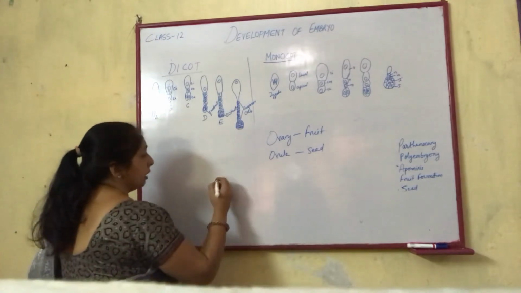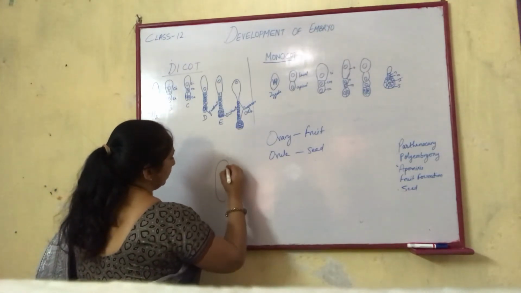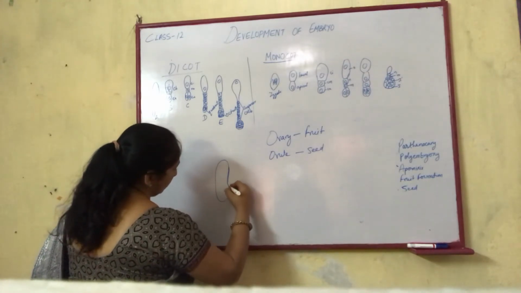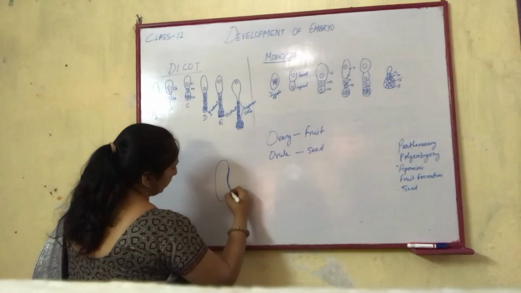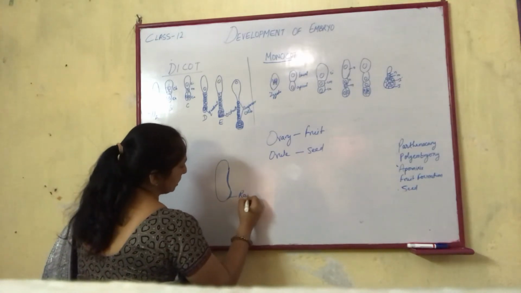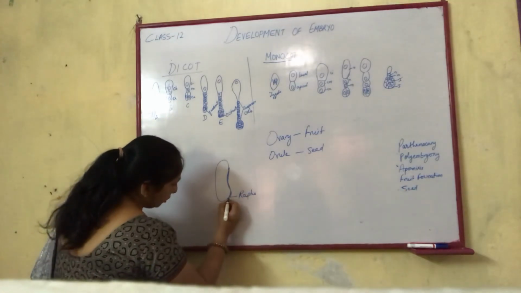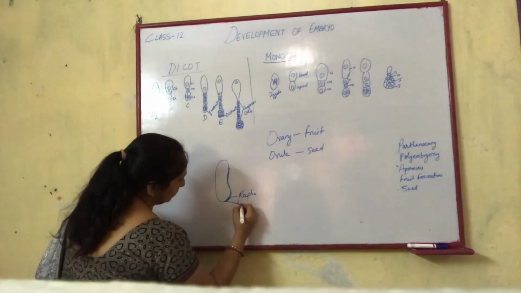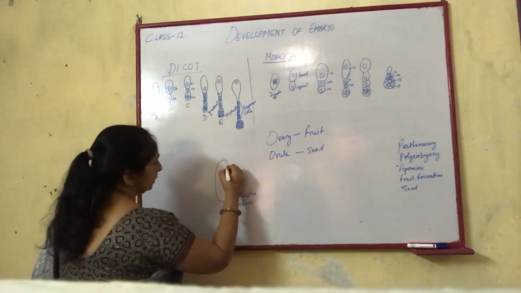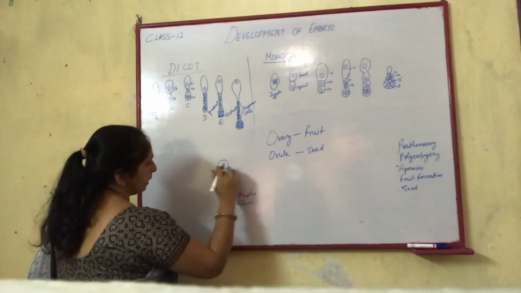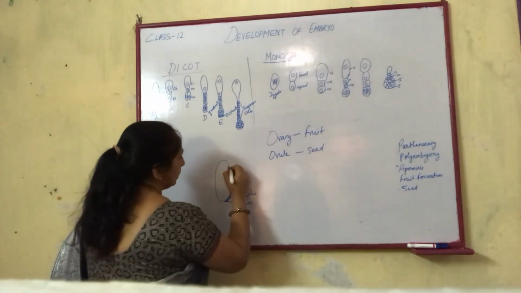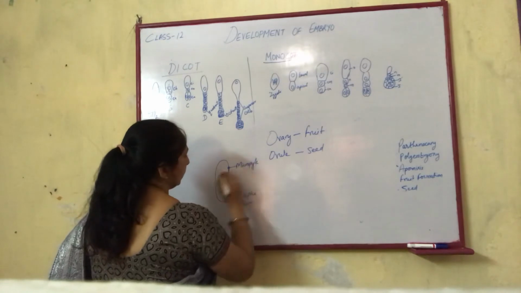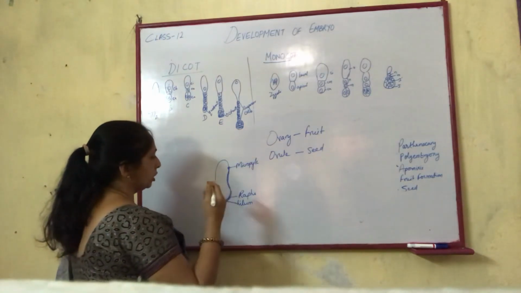In dicotyledonous seeds, there is a longitudinal ridge-like structure termed as raphe. Just below this is a scar, termed as hilum. At one end there is a minute pore, the micropyle, through which water enters, resulting in the swelling of the seed and the germination process.